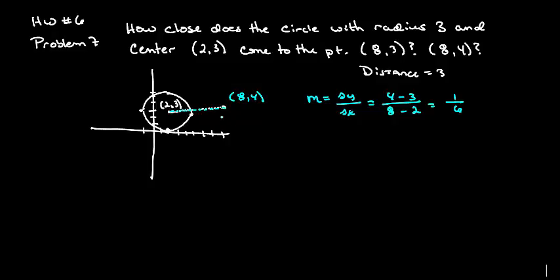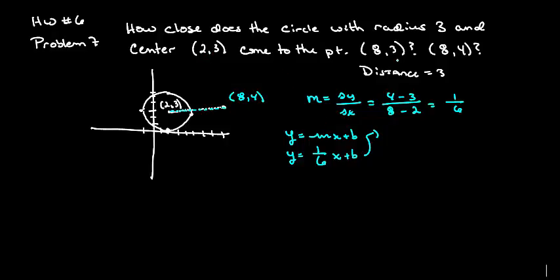So this guy is 6, this guy is 1. Its y-intercept, y is equal to mx plus b. So y is equal to 1/6 x plus the b value, which we don't know. That's what we're going to find.